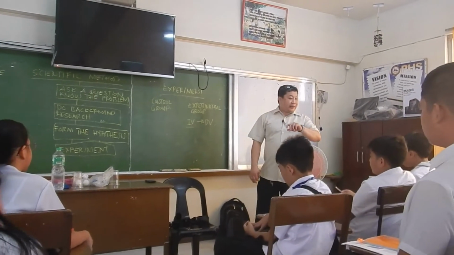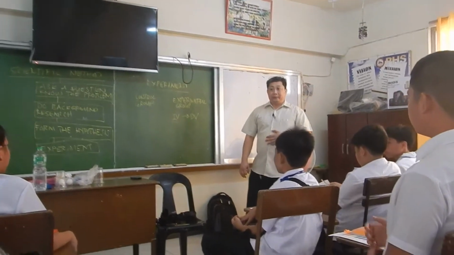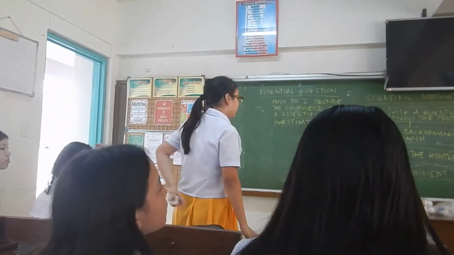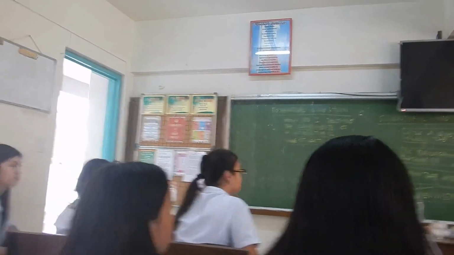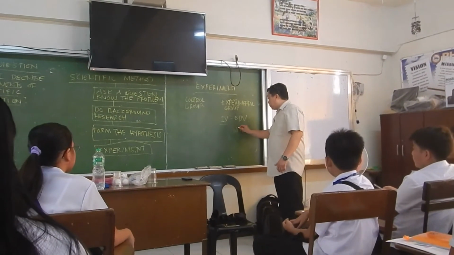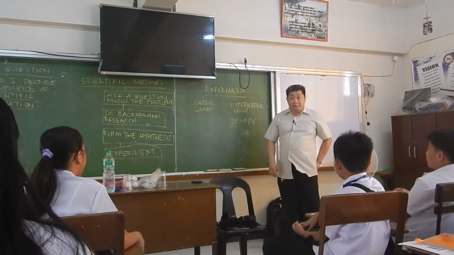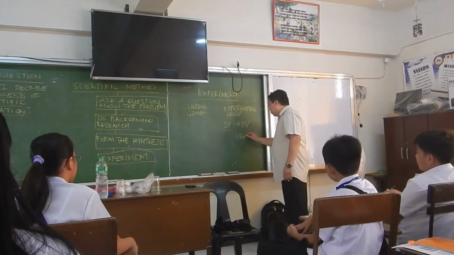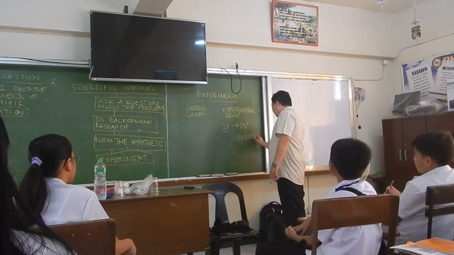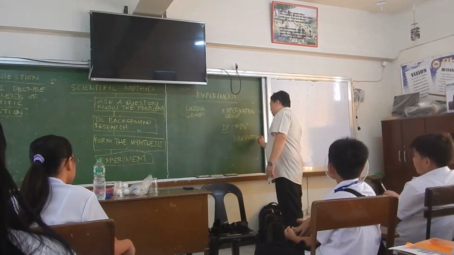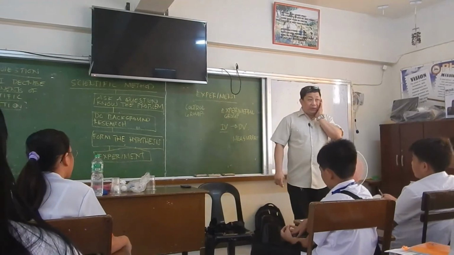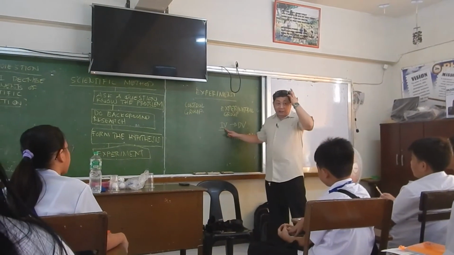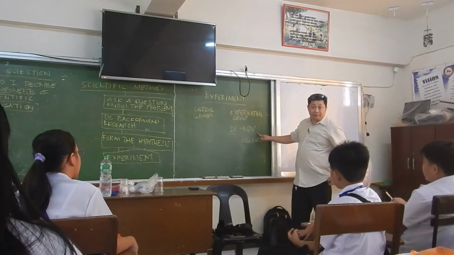Yes, ma'am. The dependent variable. And how do we describe the dependent variable? It's the variable that is being measured. Very good. The dependent variable should be quantitatively measured. It should be measurable using numbers. Okay? So to make it simple, we can say that this is the cause and this is the effect.